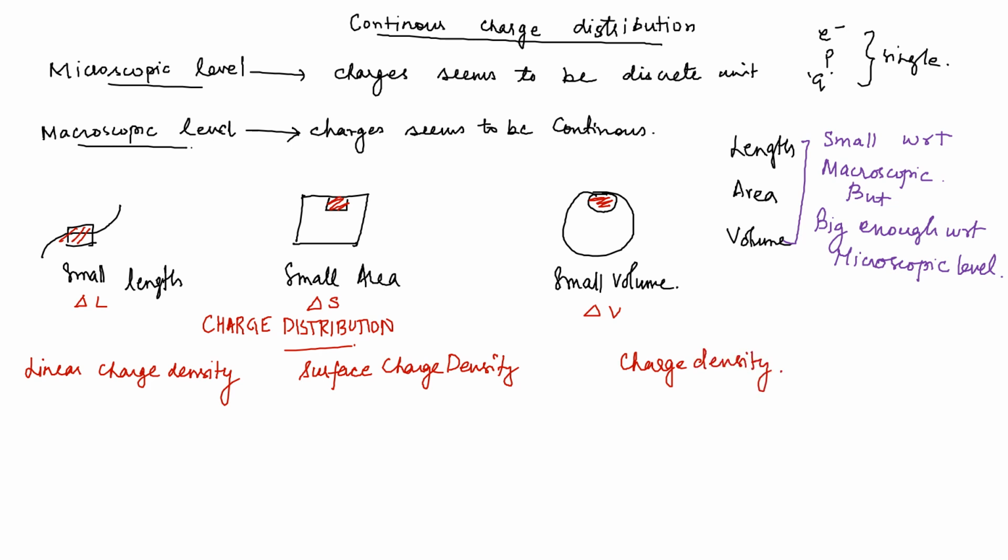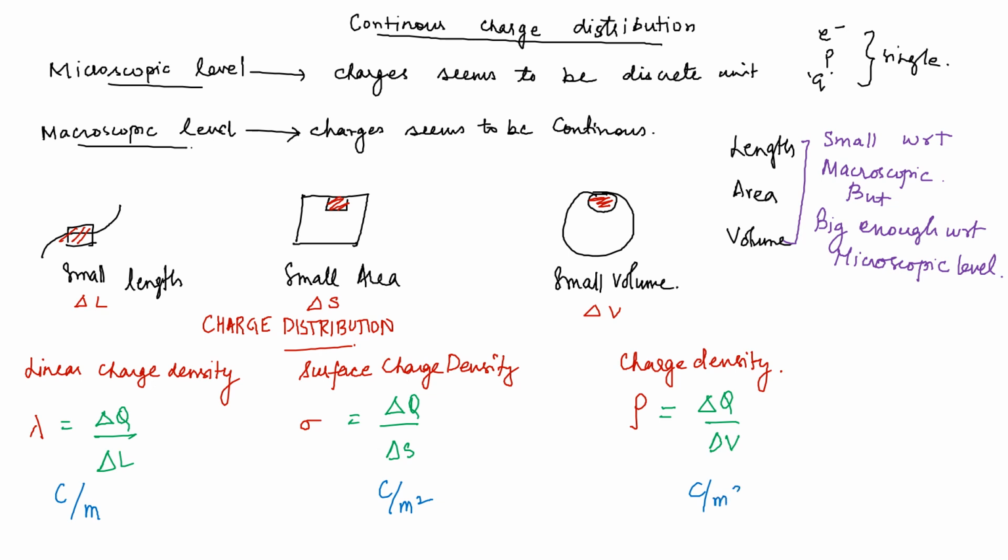This linear charge density is denoted by lambda, surface charge density by sigma, and charge density by rho. Lambda is the charge present over the length del L, sigma is the charge present over the area del S, and rho is the charge present over the given volume del V. The SI unit for lambda is coulomb per meter, for sigma it is coulomb per meter square, and for rho it is coulomb per meter cube.